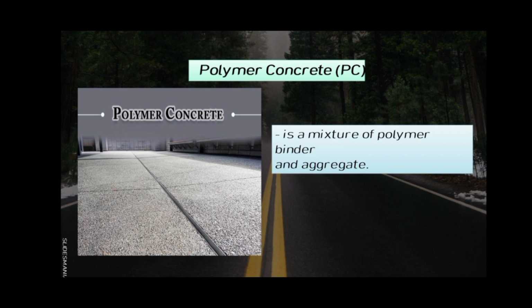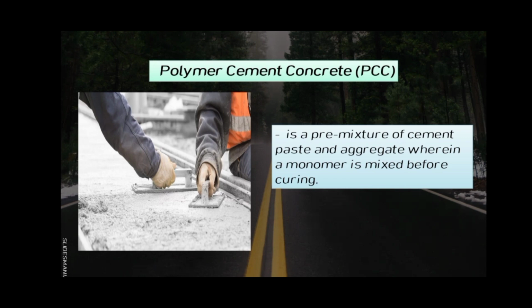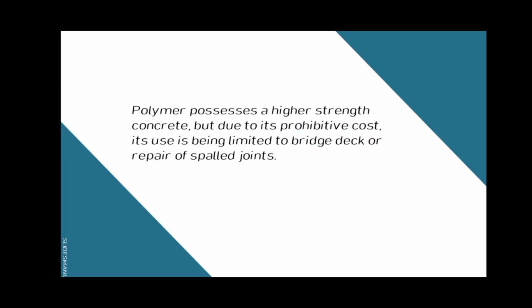It is shown in the picture what the polymer concrete looks like on its surface. And lastly, the polymer cement concrete or PCC. It is shown in the picture what the surface of a polymer cement concrete looks like, and it is a pre-mixture of cement paste and aggregate wherein a monomer is mixed before curing.